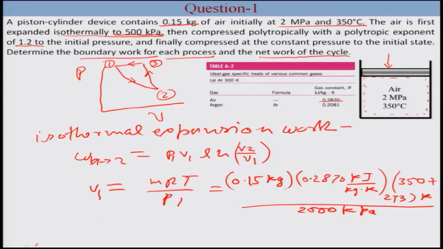So this gives us V1 equal to 0.01341 meter cube.